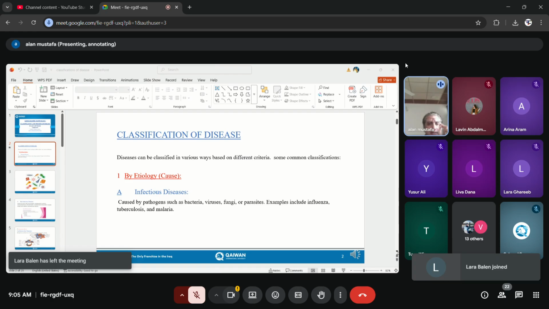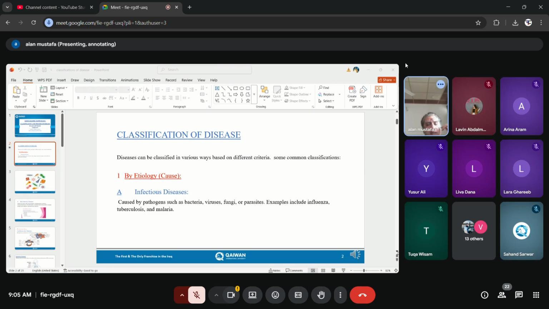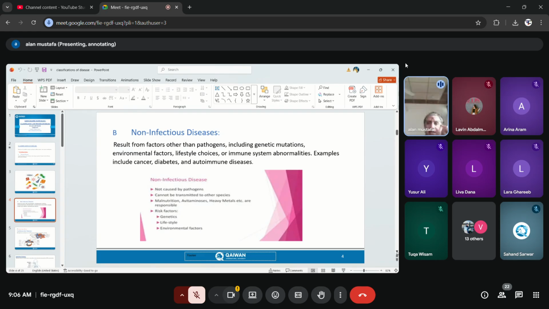So we can divide the diseases according to their causes. Here, the classification by etiology is, we can say that diseases are either infectious or non-infectious. So every disease in the world can be classified here as either infectious or non-infectious.